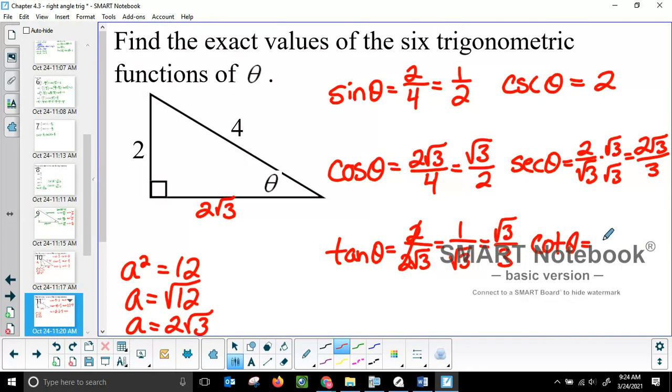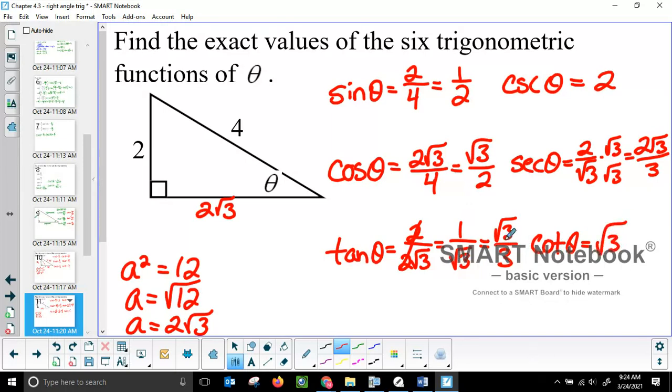Well, you would have to flip it, right? It's the reciprocal. If you did, you'd have to rationalize again. However, if you flip this piece, you don't have to rationalize. So what would I get if I flip this? Just the square root of 3.